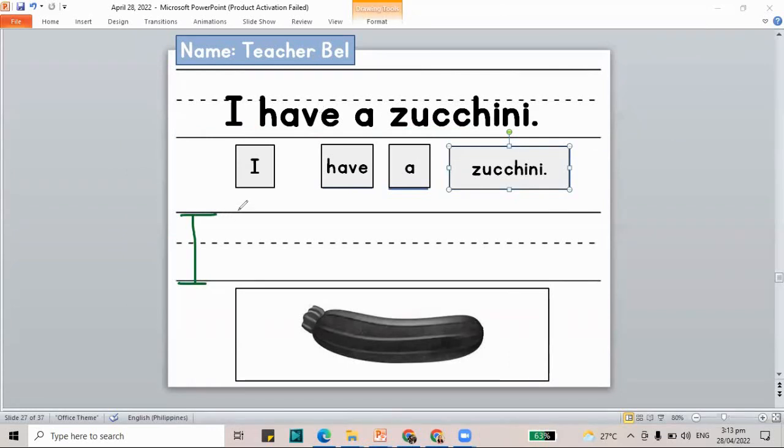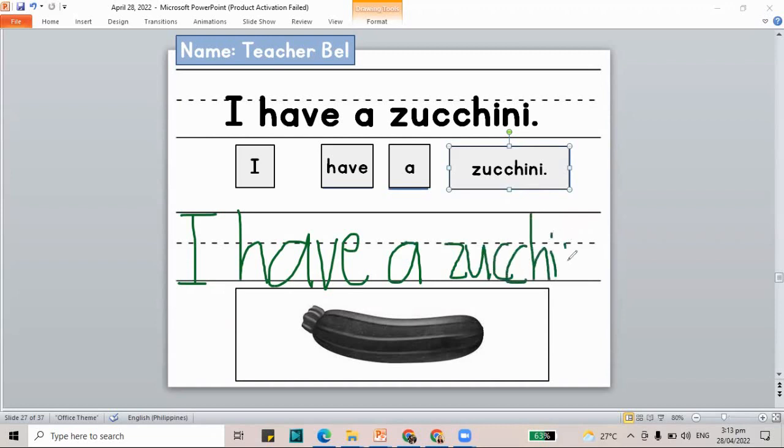I, capital I, leave space, have, H-A-V-E, have a zucchini, Z-U-C-C-H-I-N-I, zucchini, and your sentence with a period. Color your zucchini. A zucchini is a green vegetable. It's sometimes hard to find in the market. So we have our zucchini.